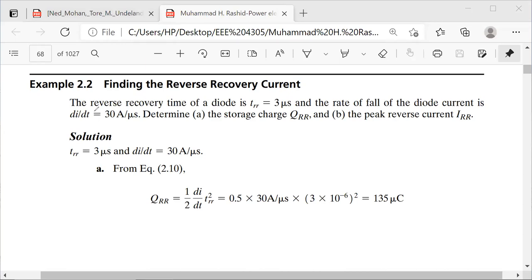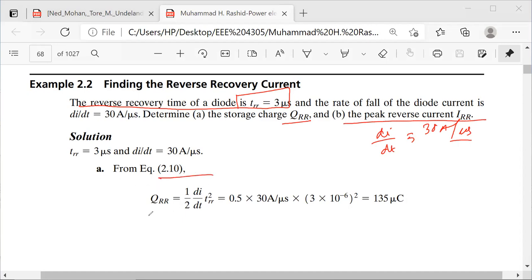Now look here: the reverse recovery time TRR is equal to 3 microsecond, and di by dt is already given as 30 ampere per microsecond. Per microsecond, it is falling by 30 ampere. Then determine QRR and also IRR. So you can use the formula directly.